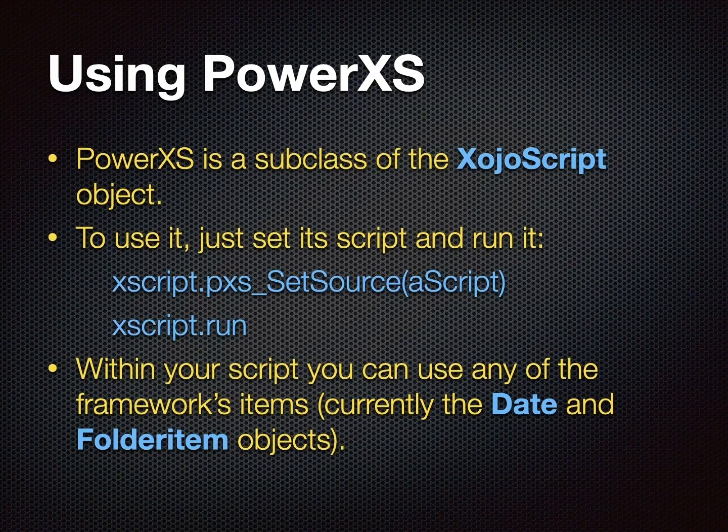You have to set the source of the script via my command, because it does some extra work when it sets up that source. It's basically adding all the object definitions that the script is going to need. Once you've done this, you run it just like you normally would, and then within your script you can use any of the framework's items. Right now, it's the date and the folder item objects.